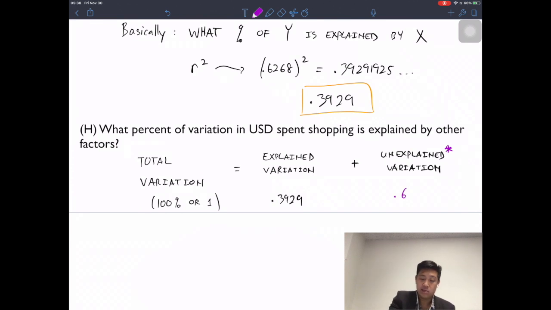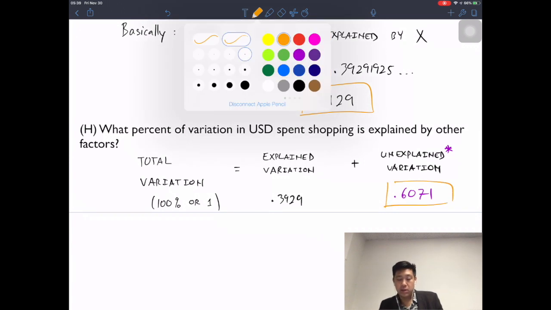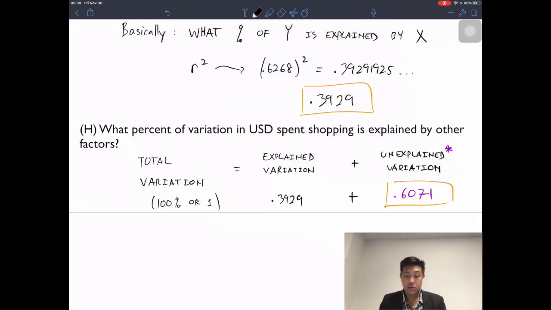And again, I got that because I took 1 minus the explained variation. This is considered the unexplained variation. So that's it. Basically, what other things are contributing to the US dollar spent? I mean, if you really want a formula, you can think of this as 1 minus r squared. That's essentially the formula, right? That's what I did, 1 minus 0.3929. That's something to consider, okay?